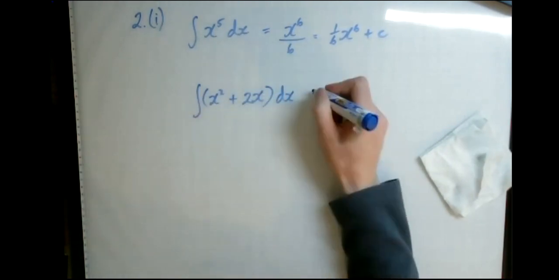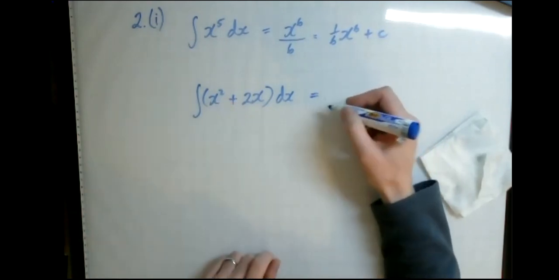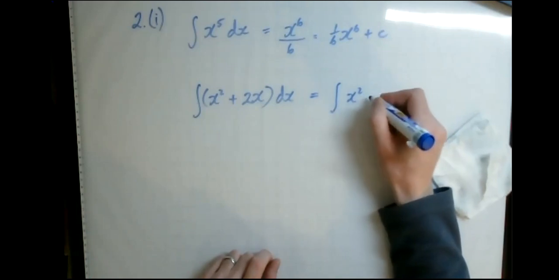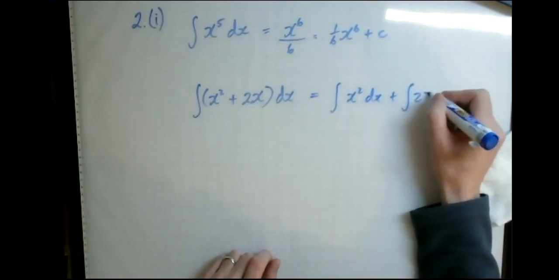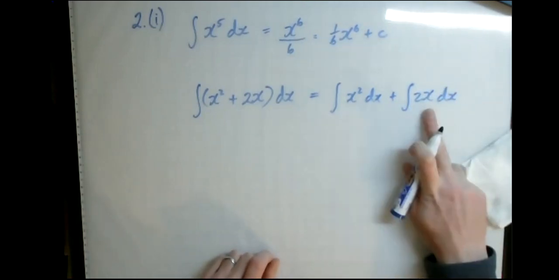So we split it: the integral of x squared dx plus the integral of 2x dx.